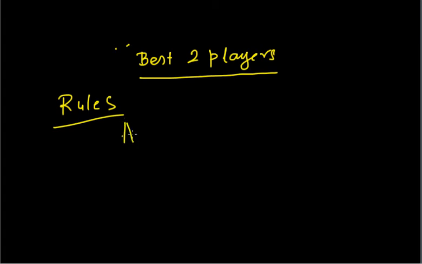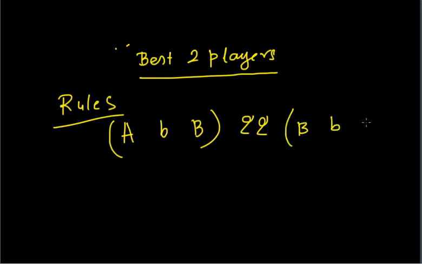This is a transitive game. That means A beats B, and B beats C, implies that A beats C as well. So this is the only key rule.